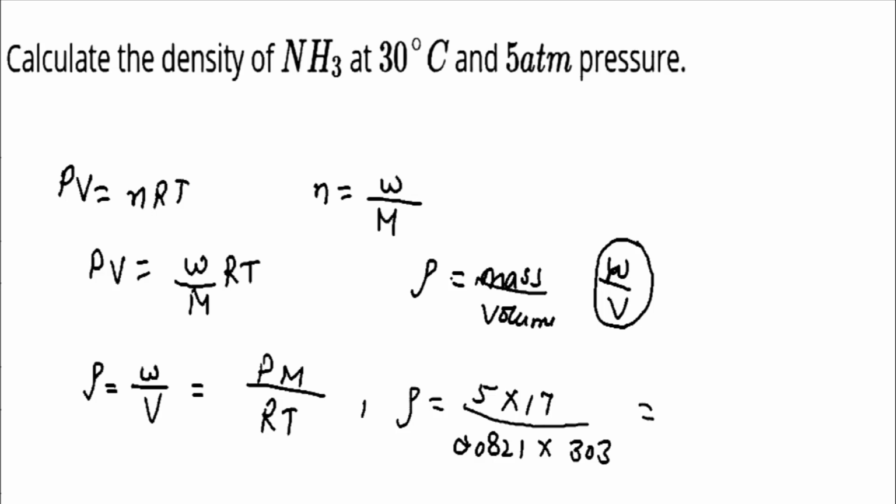On solving this equation we get 3.42 gram per liter. So the density of ammonia at 30 degrees Celsius and 5 atm pressure will be 3.42 gram per liter.